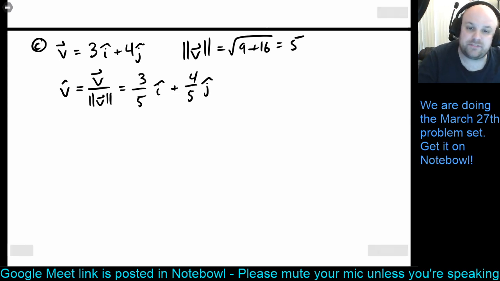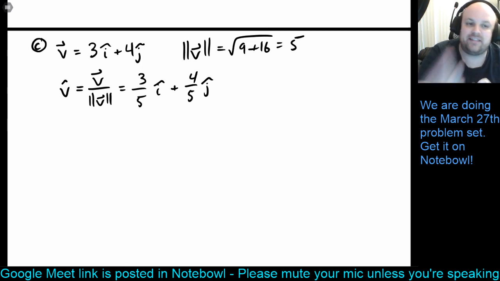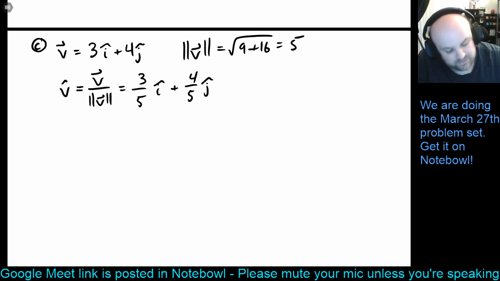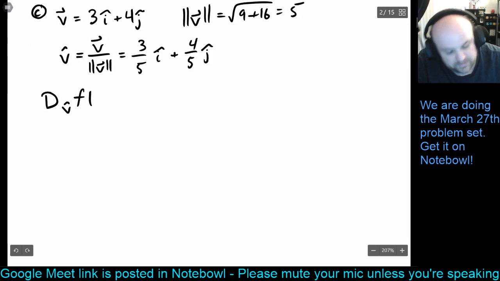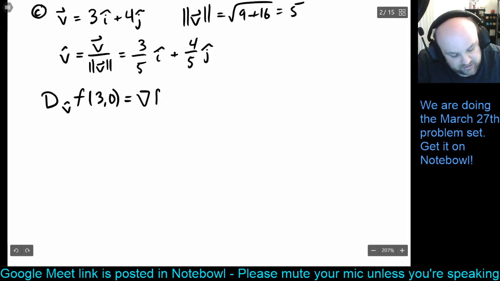Right? Now once we fix that, we can find the directional derivative. Again, we want to find the rate of change in the direction of this vector, so we need to make sure it's a unit vector. So the directional derivative in the direction v hat of f at 3, 0 is, again, the gradient of f at 3, 0 dot product with v hat.